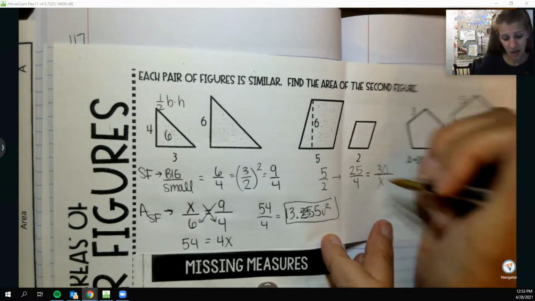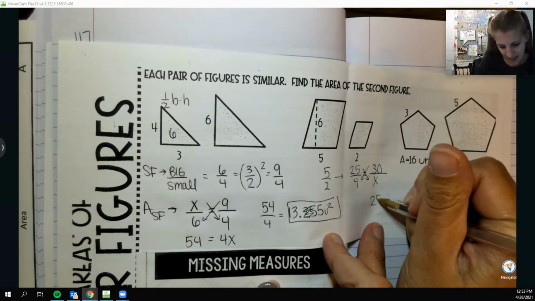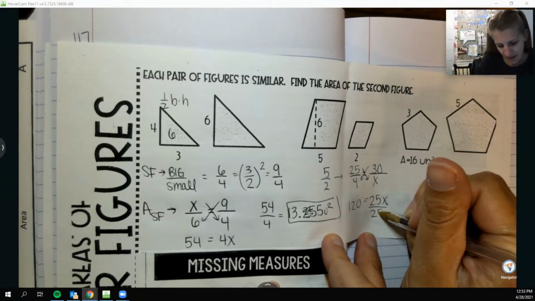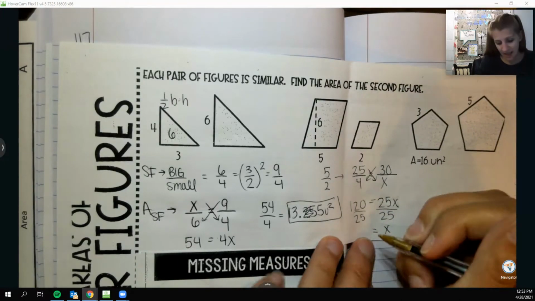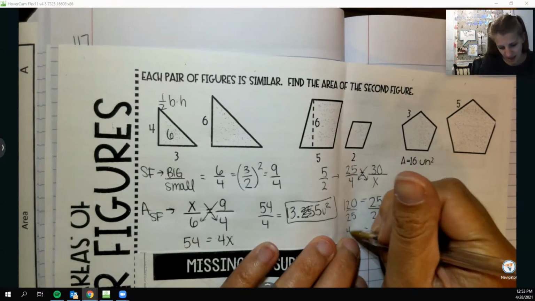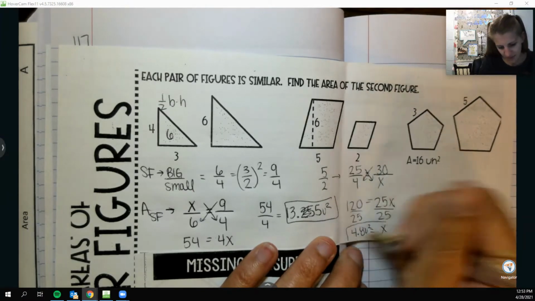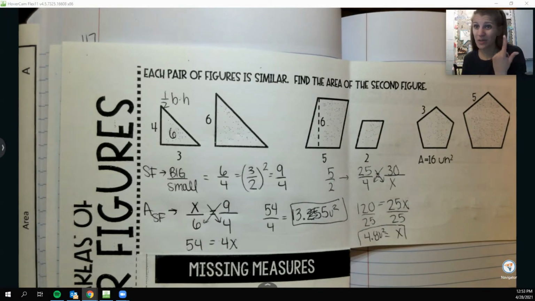Call it x, cross multiply and solve. And so we'll have 25x equals 120. Then divide by 25 on both sides, and we get that the area of the small one is 4.8 units squared. Man, I should have told you this forever ago. We could have found the area of one regular hexagon and then just scaled it up. Oops.